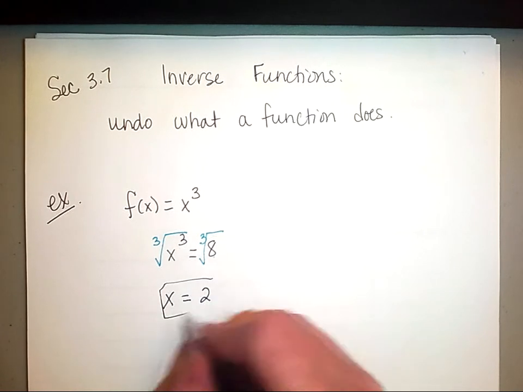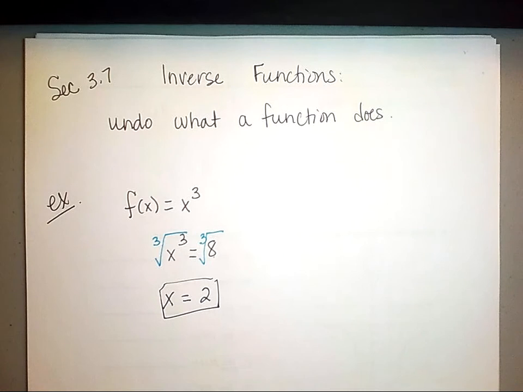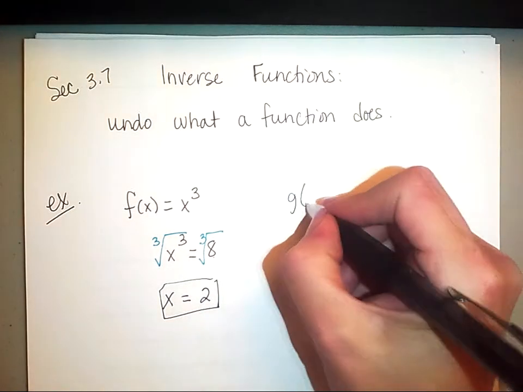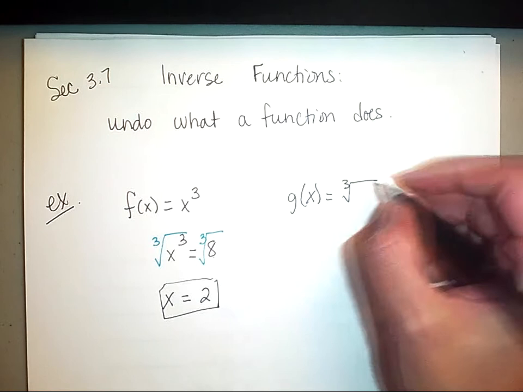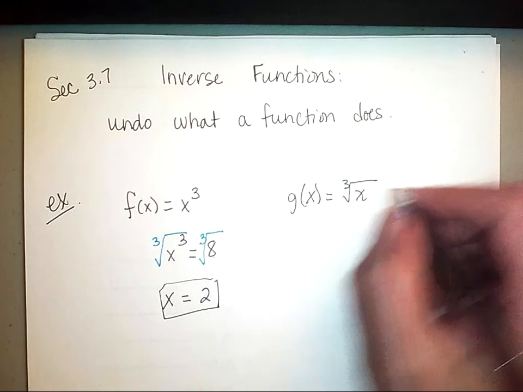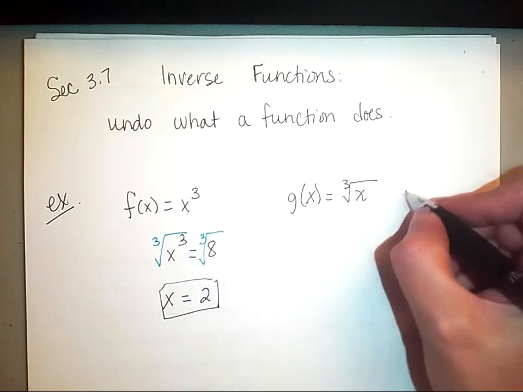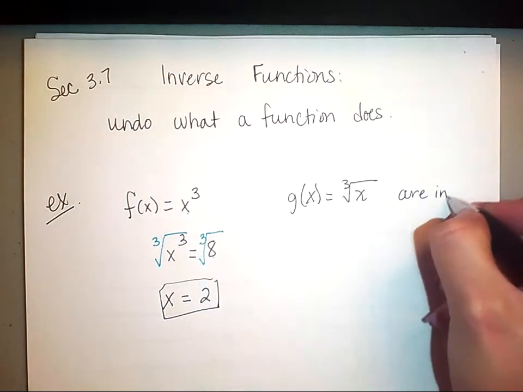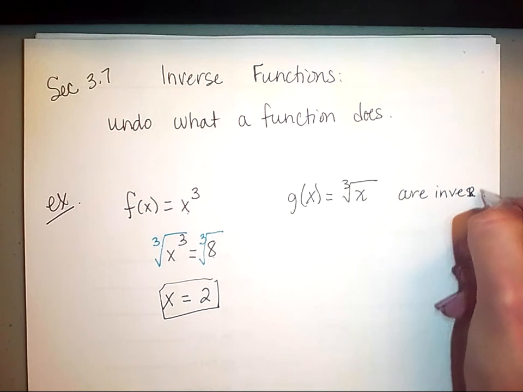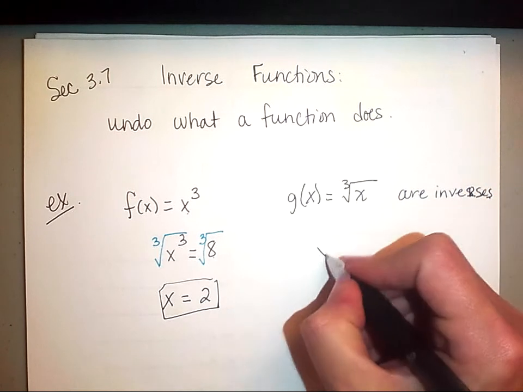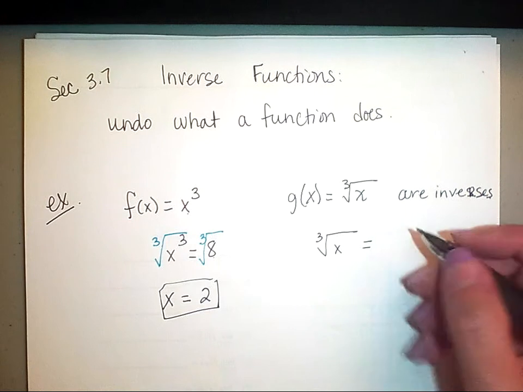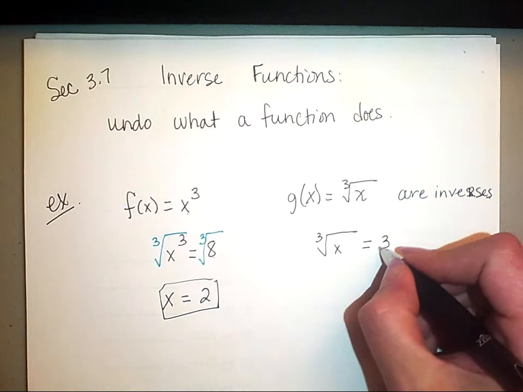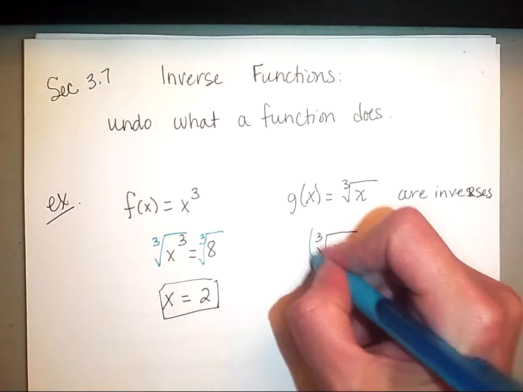So we've used inverse functions quite a lot. Then g of x equal to the cube root of x. These two are inverses. So for example, if we had to solve the cube root of x is equal to 3, we could cube both sides.